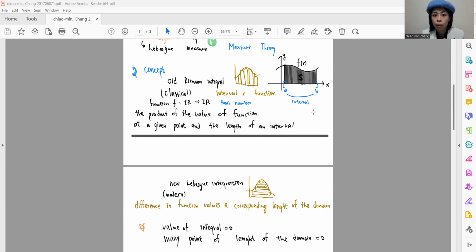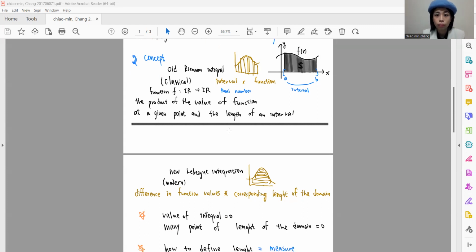So the concept of the classic Riemann integral is that they have columns, and every column is separated very thin, so you can see the interval in this period, and we calculate the value of this function and also the length of this interval.